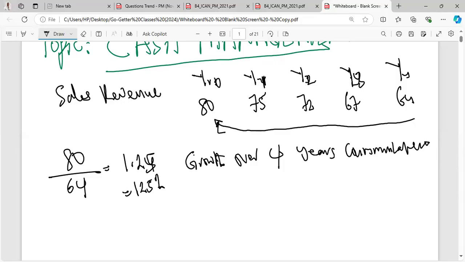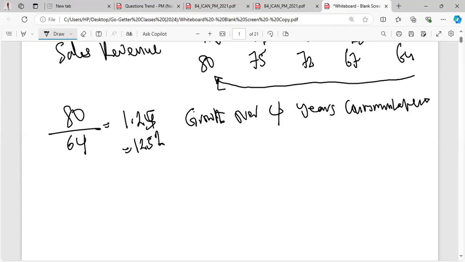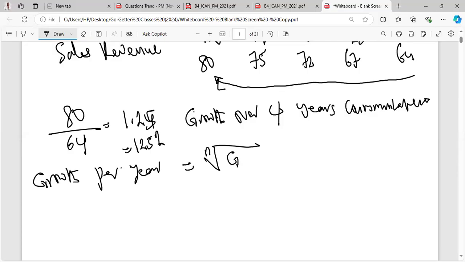Now, we want to know the growth in each year. Growth per year is simply the nth root of the growth. So how many years is involved? 4. This is the growth in decimal.